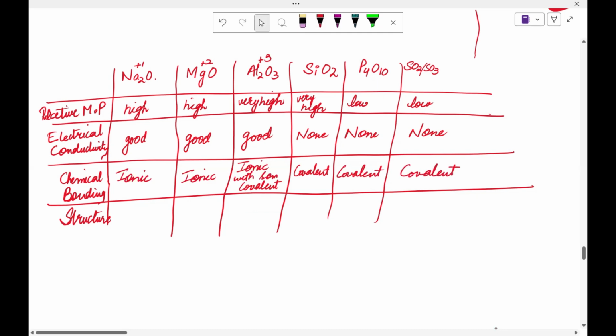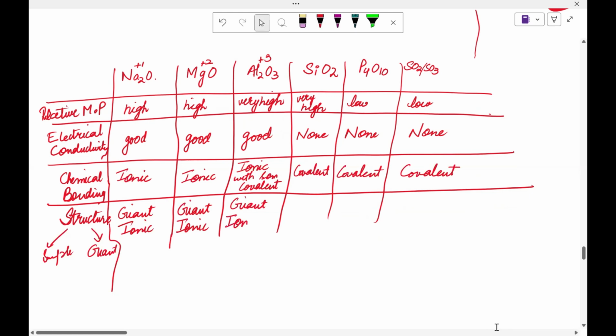Now let's discuss structure. In structure, we are going to see either simple or giant. Sodium oxide, being a metallic oxide, has a giant ionic structure. Same is the case with magnesium oxide, a giant lattice or ionic structure, and aluminium oxide also has a giant lattice or ionic structure.